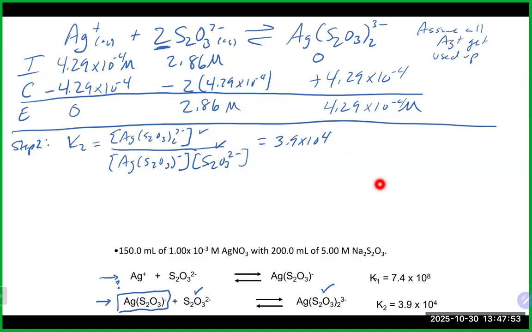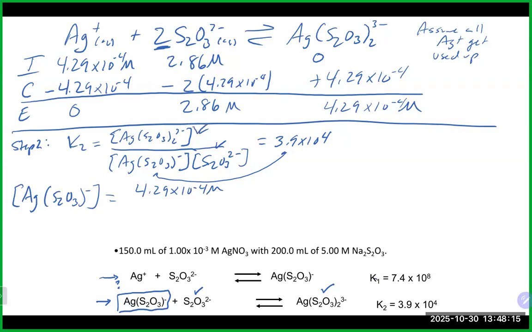So if I rearrange here, these 2 guys are going to switch places, and that would give me that this guy's concentration is equal to, I can put my numbers in, 4.29 times 10 to the minus 4.